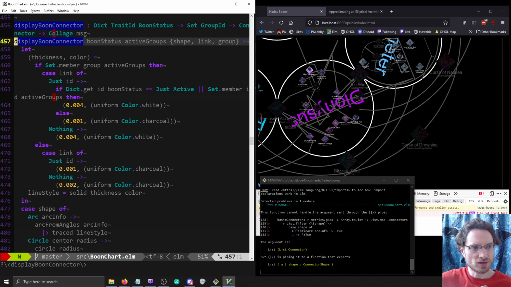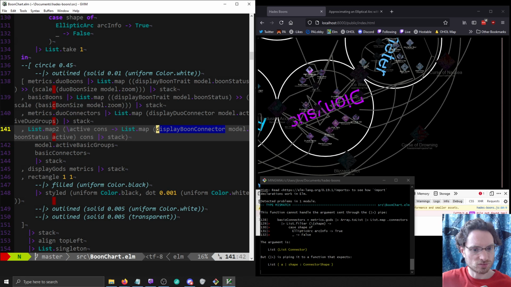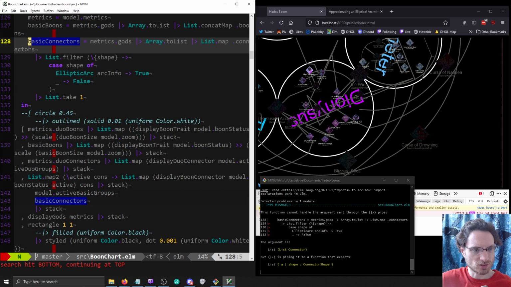Oh, is this not yet translated to our style of connector? It just should be basic connectors.